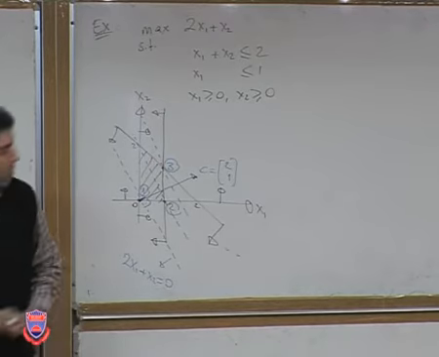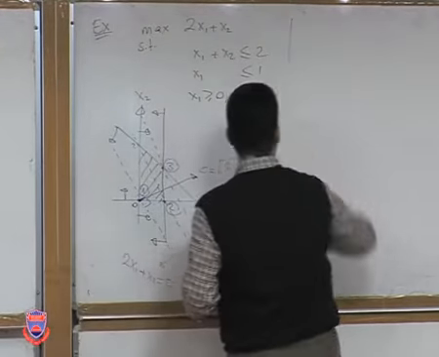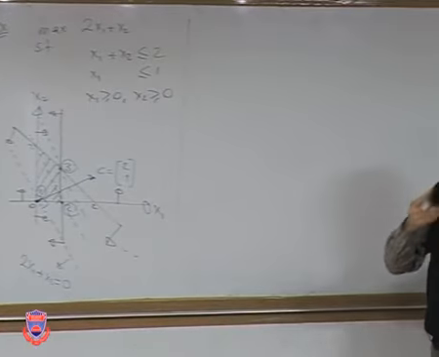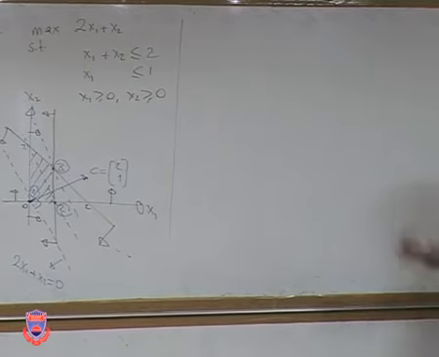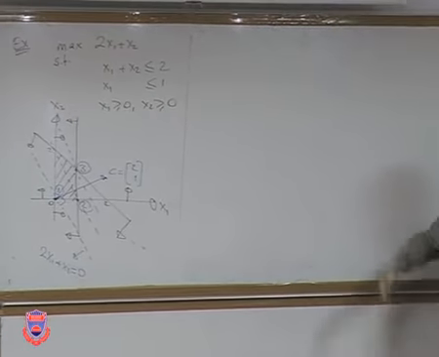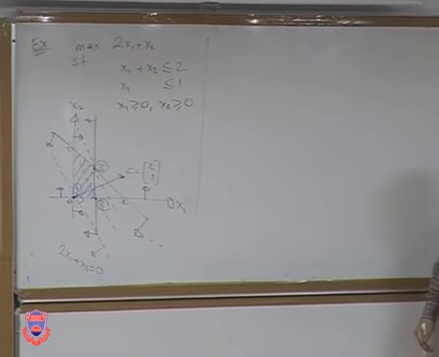But the question is the following. At least in 2 dimensions, it seems like this idea will work, right? Basically you start at any corner point and then you move to a better adjacent corner point, until you cannot find any more.